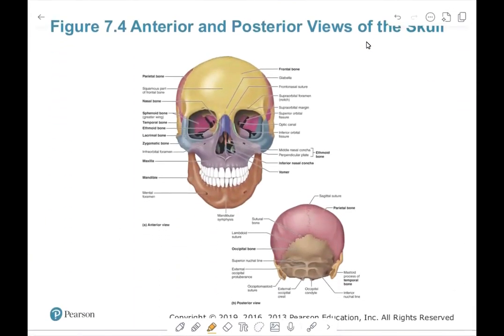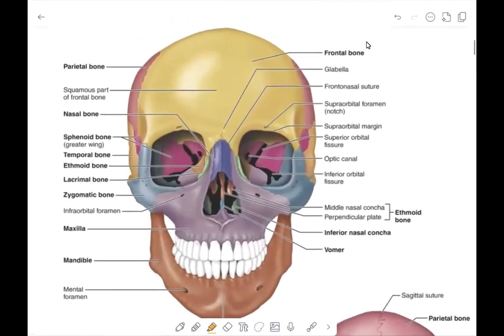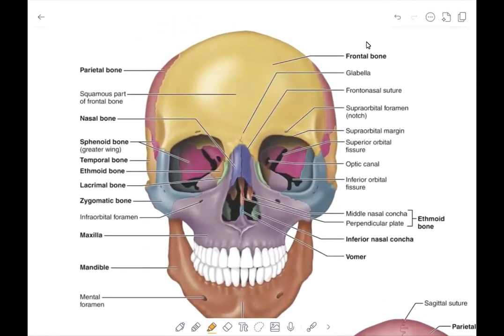So I want to highlight first of all the cranial bones. So we can see the forehead, the frontal bone. Posterior to that would be two parietal bones. Then there is the sphenoid bone. That's the so-called keystone bone.